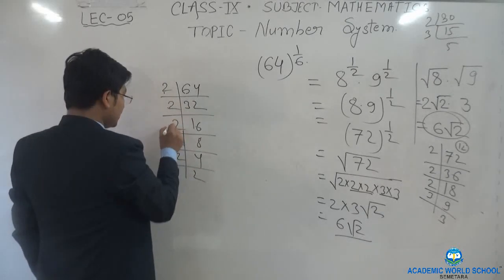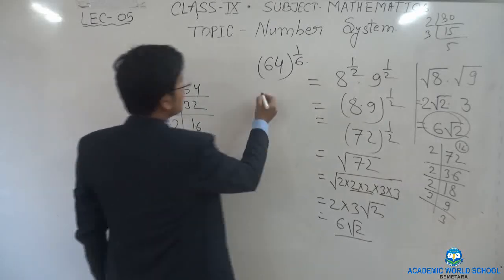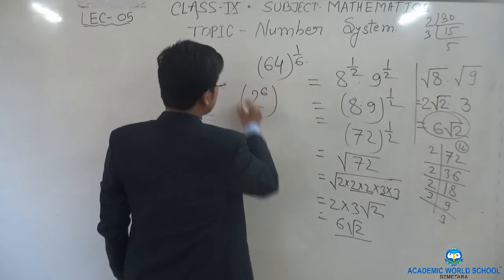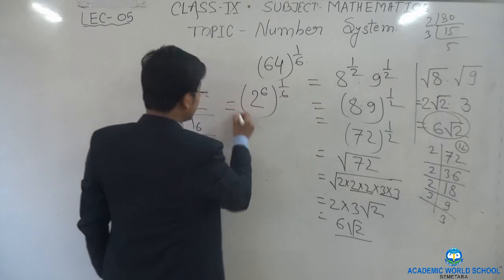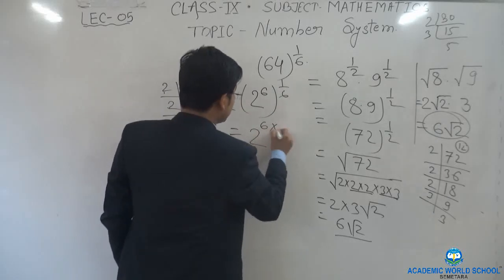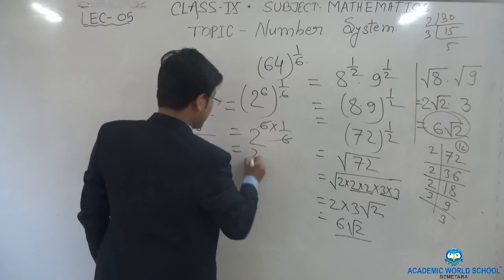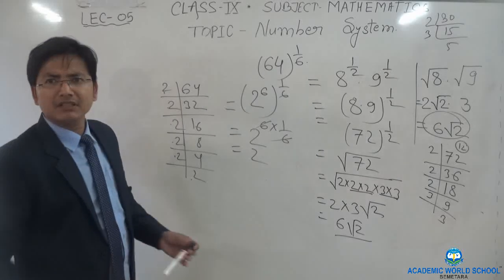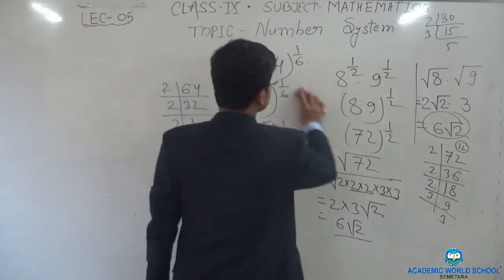So 1, 2, 3, 4, 5, 6. So 64 is nothing but 2 to the power 6, and then into 1 upon 6. We know that powers are multiplied. So the answer is 2. That's simple.